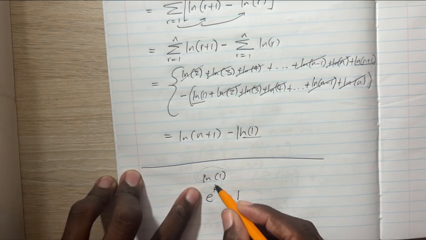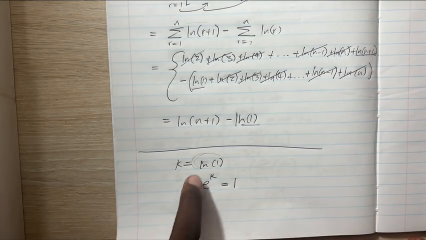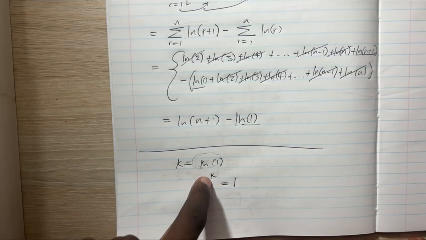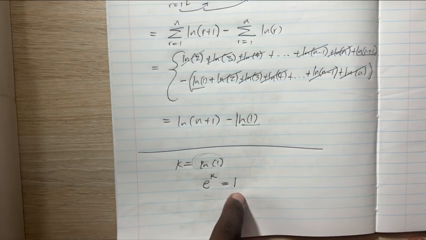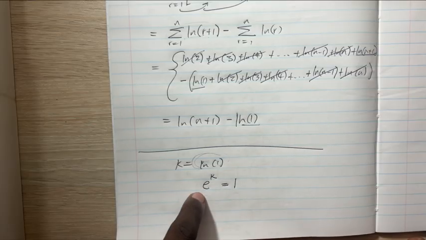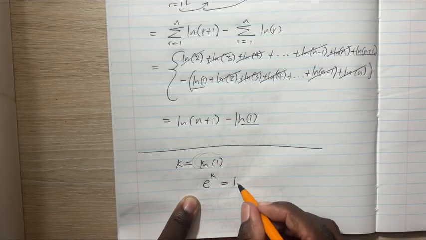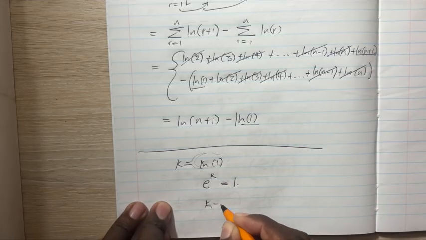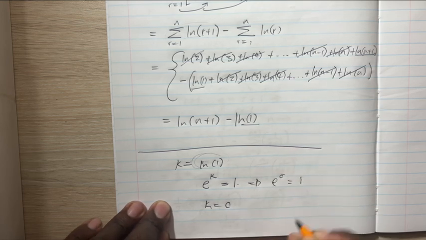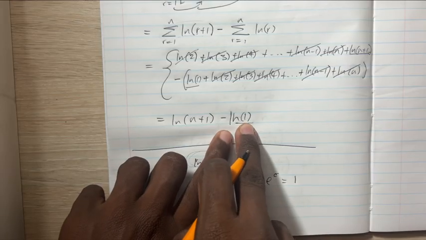So it means this is basically k. Therefore, what should k be? What exponent would I have to put e to for me to get 1 as my answer? We know that anything to the power of 0 gives us 1. So that means k equals 0 because e to the 0 equals 1. That's why ln 1 is equal to 0.